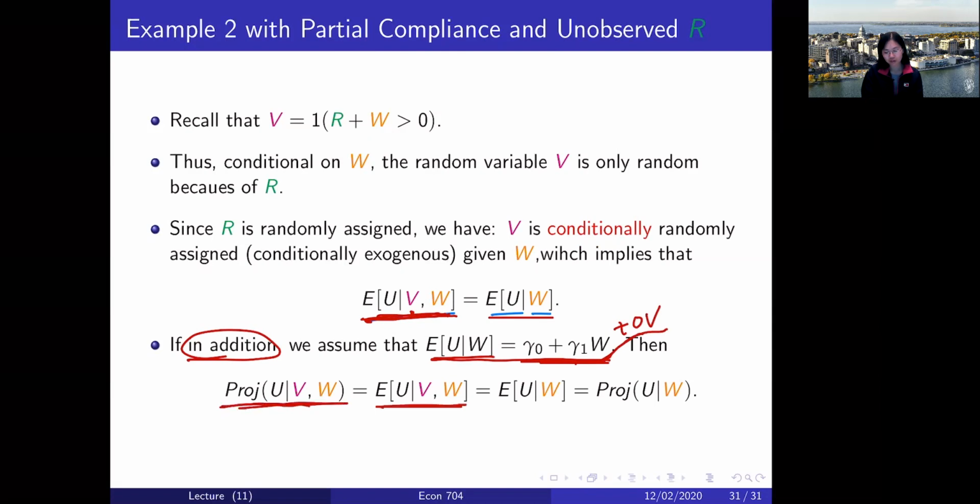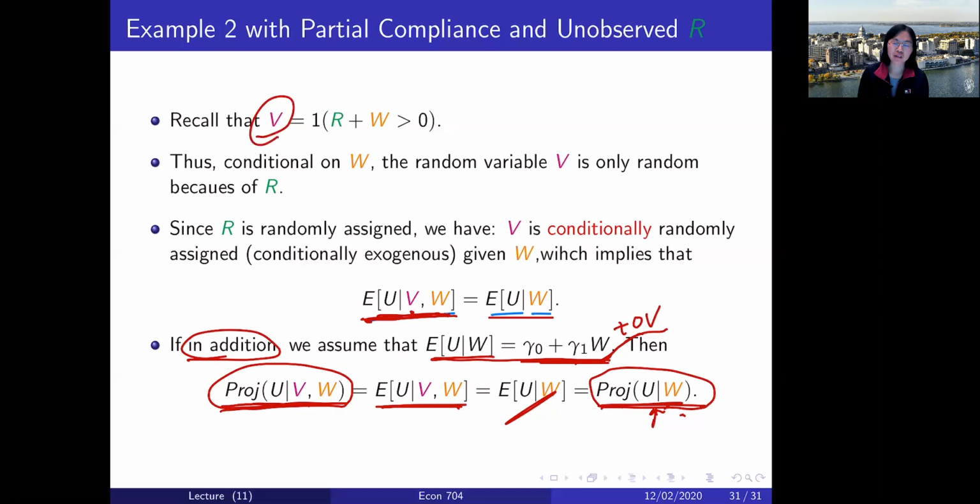So the projection equals this conditional expectation, which equals this conditional expectation without the V, and which equals this projection without the V. Therefore, the projection version of the conditional exogeneity that we assumed is satisfied, and that implies that V can be used as an instrumental variable given W. So what you can do is run IV regress Y on X, where X is the causal variable, V is the instrumental variable, given the control variable W. That is the way to obtain a consistent estimator for beta 1 in this case when R is not observed.